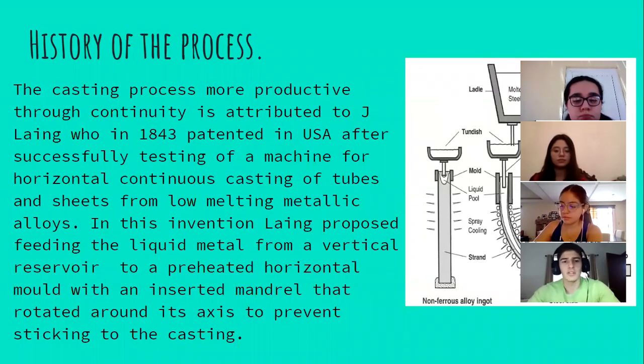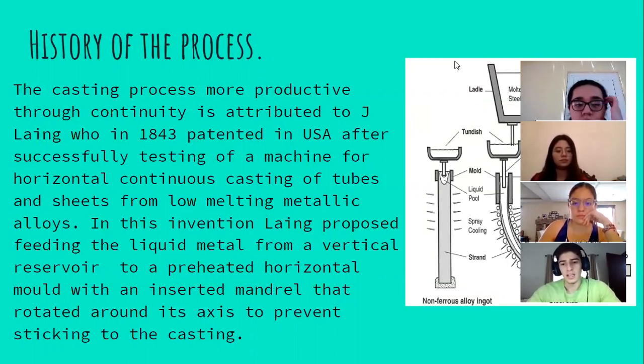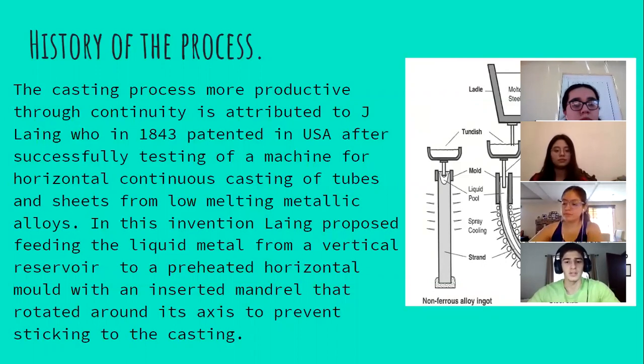In the history of the process, we can see that it all started in the early 1843, where the idea of casting process to make the casting process more productive, effective, and fluent were attributed to G. Lang, who in 1943 patented and tested a machine for horizontal continuous casting of tubes and sheets from low melting metallic alloys.